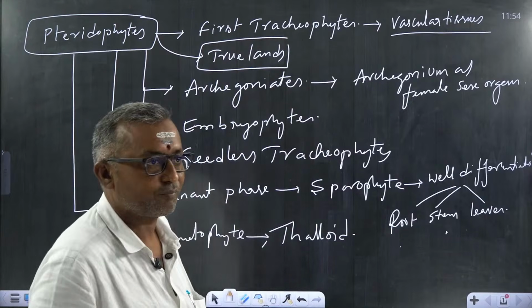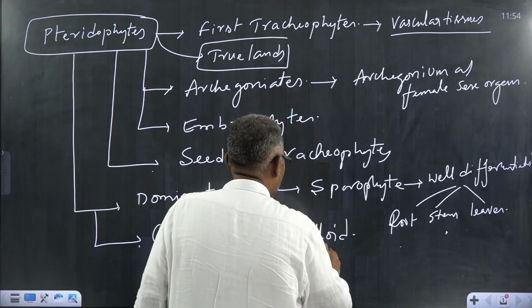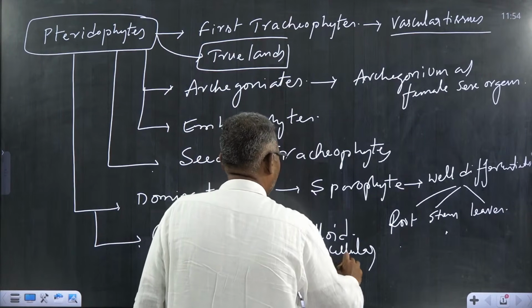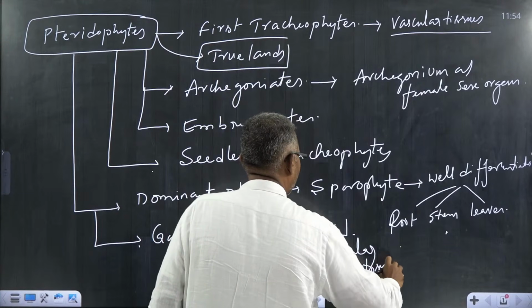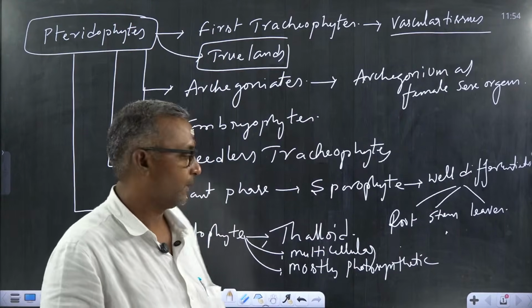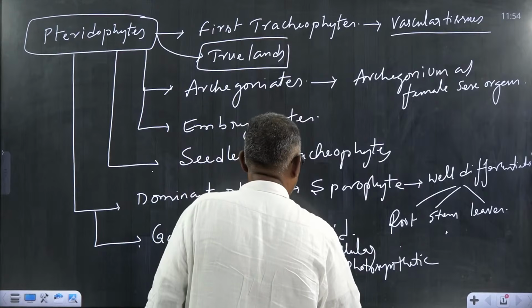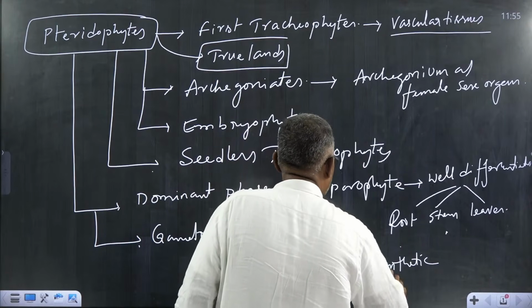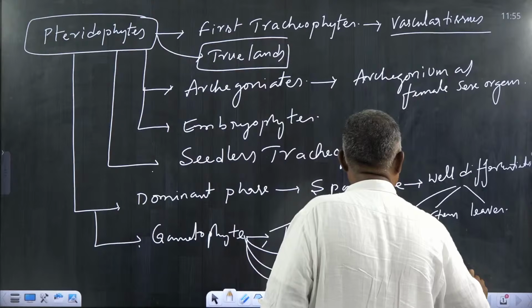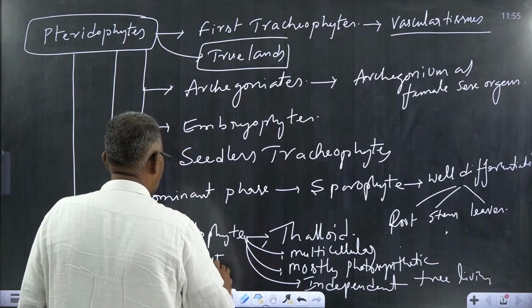Gametophyte is thalloid, and this thalloid gametophyte is multicellular, mostly photosynthetic, independent or free living, and a short-lived phase of the life cycle. Very important, a short-lived phase of the life cycle.